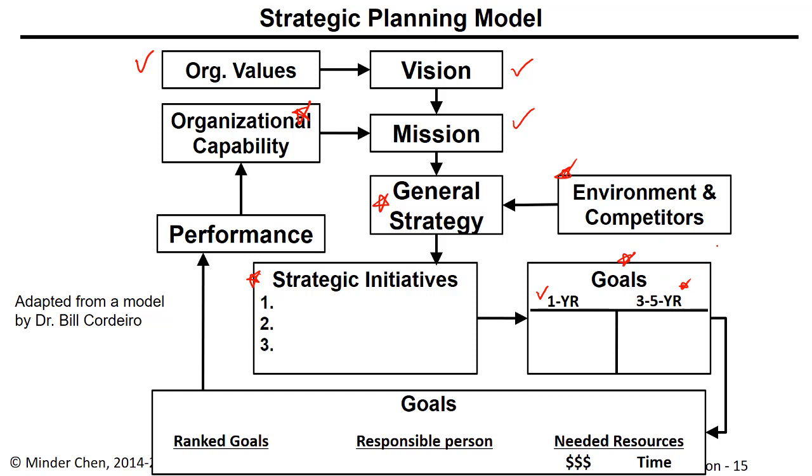And those goals should be laid out clearly, ranked in terms of priority, and assigned to people who may be responsible for them, and also figure out the resources which will be needed in terms of financial resources and the time frame for implementation.